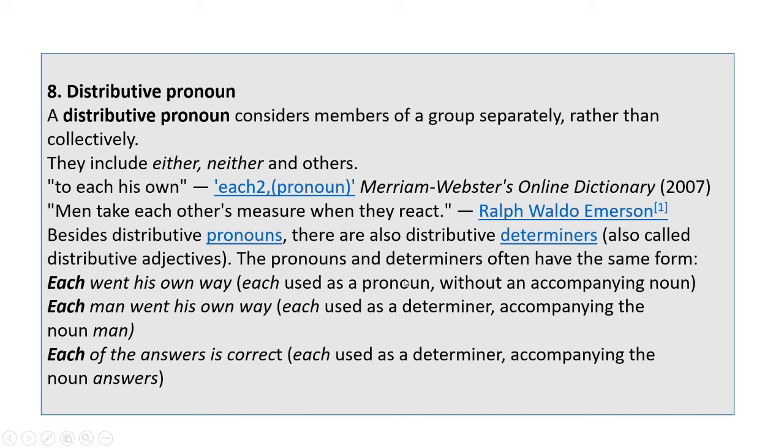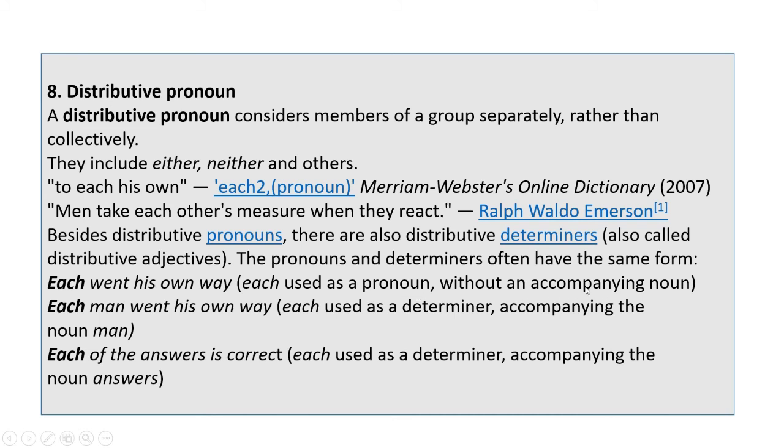The pronouns and determiners often have the same form. See, "Each went his own way": each is used as a pronoun without an accompanying noun. And "Each man went his own way": each is used as a determiner accompanying the noun. So in the first, there is no noun, so it is used as a pronoun.